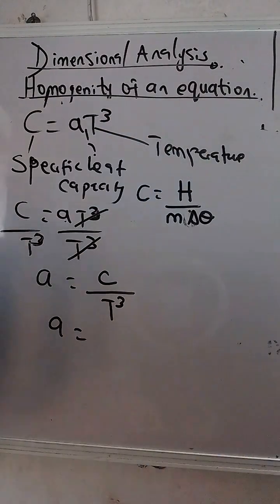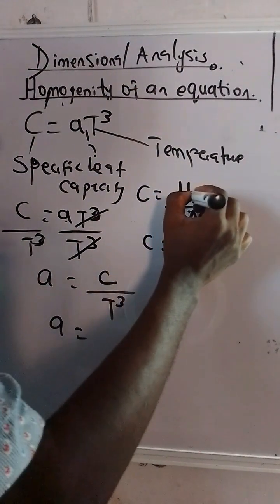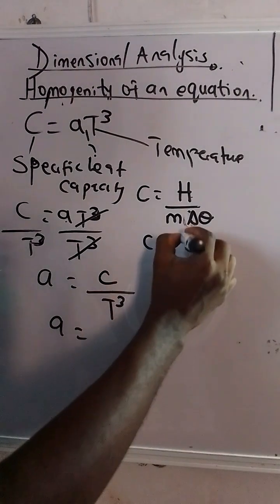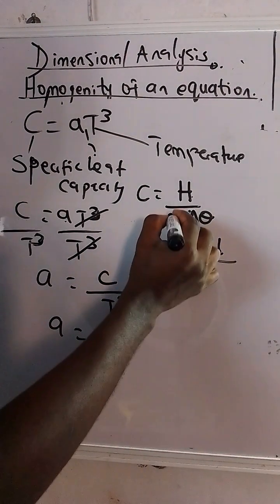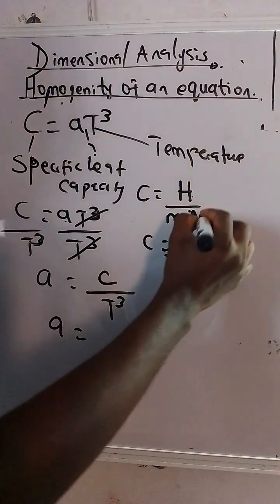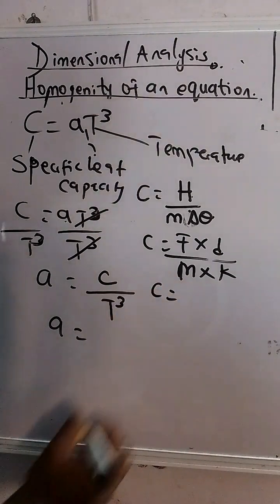And everybody knows that heat means energy, right? And what is the unit for energy? Energy is force times distance, right? What is the unit for mass? We have mass times temperature, which is in Kelvin, right? Now let's go.